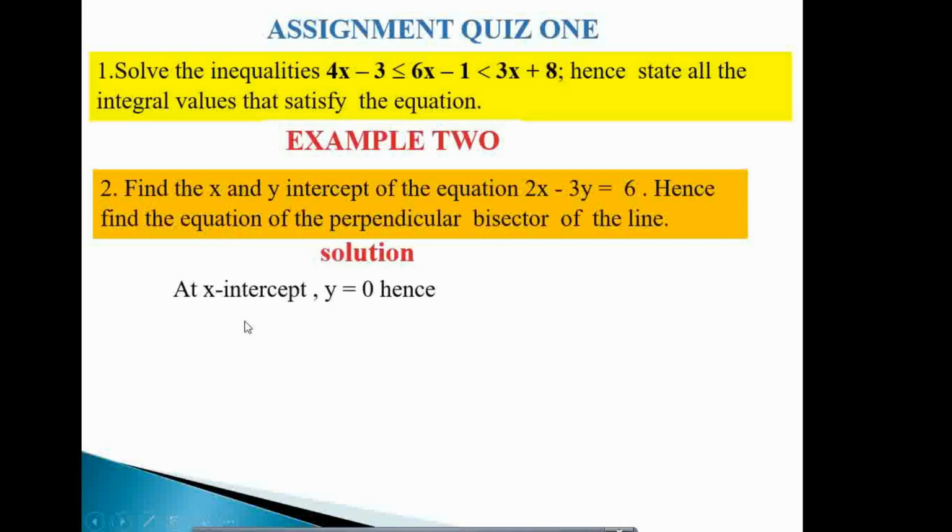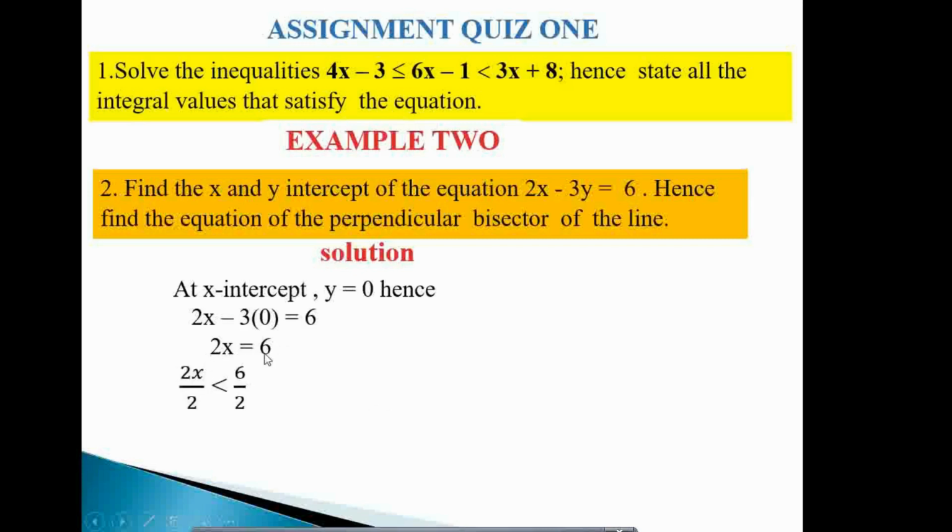The solution: at x-intercept y is 0. Of course, I've said that. So if we substitute y is equal to 0 into the equation, instead of y we'll have 0. So we'll have 2x minus 3 into bracket 0 is equal to 6. Now there we go. So we'll have 2x is equal to 6, of which we can now get the value of x by dividing both sides by 2.